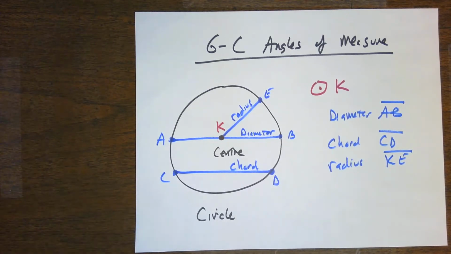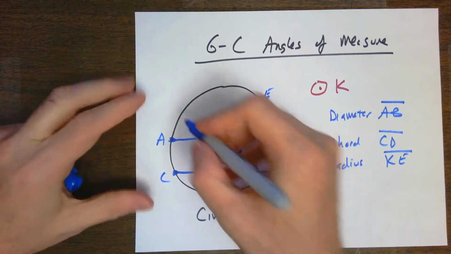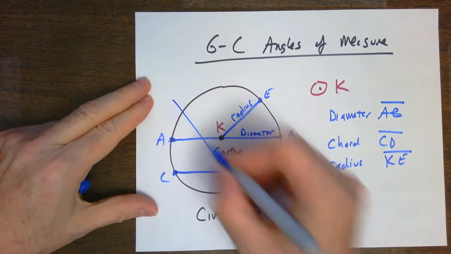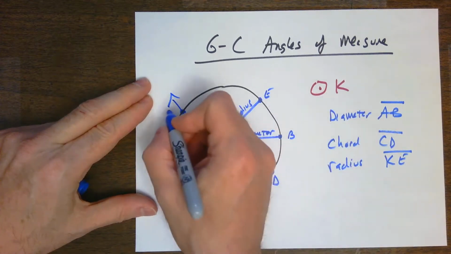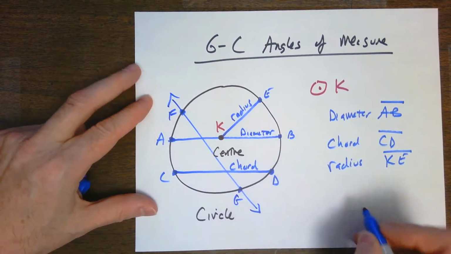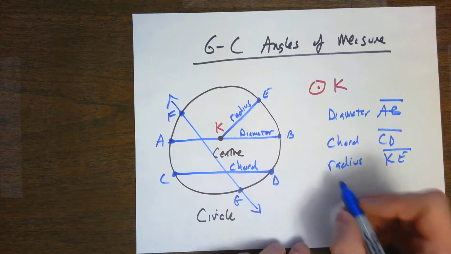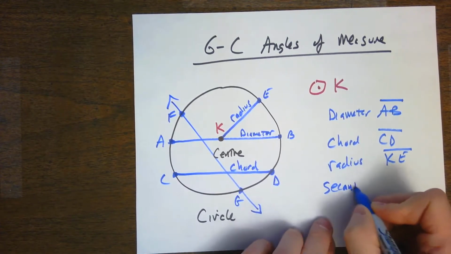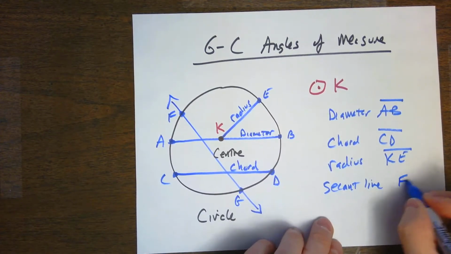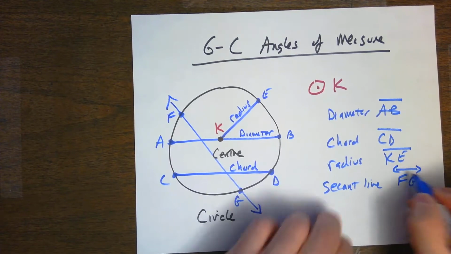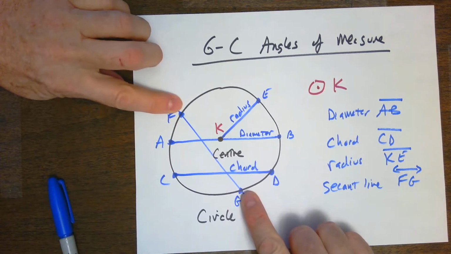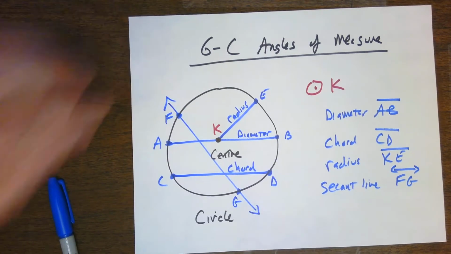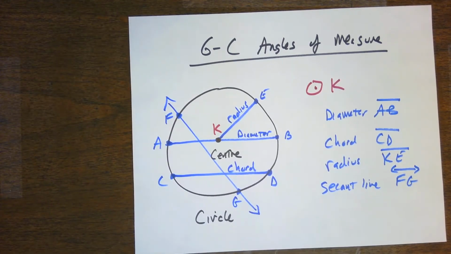I could have a line that goes through the circle. Let's see, so F and G. This is line FG, and it is a secant line. It goes through the circle. I could also have chord FG, but this is secant line FG.